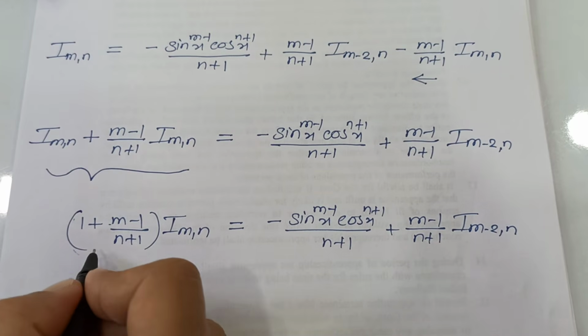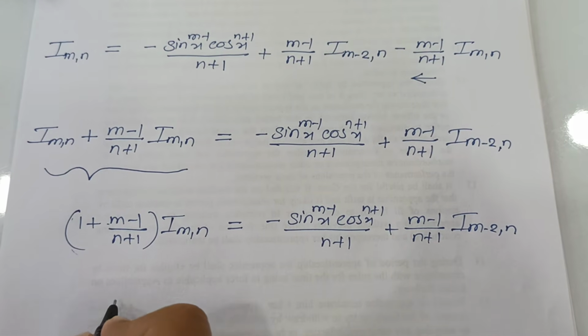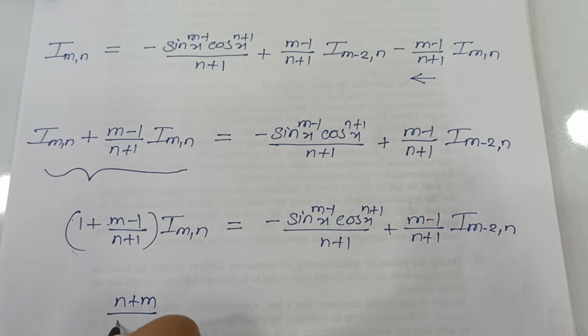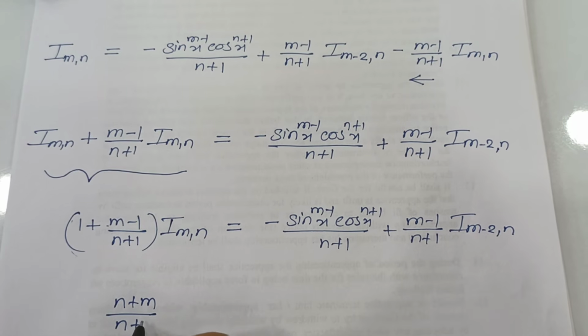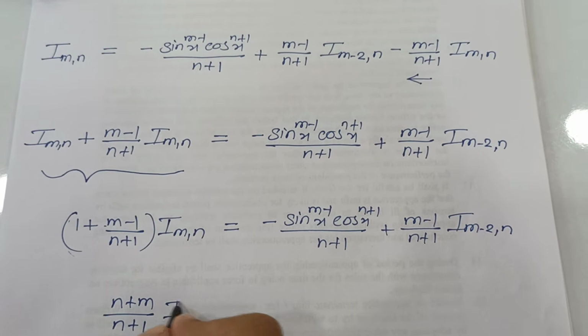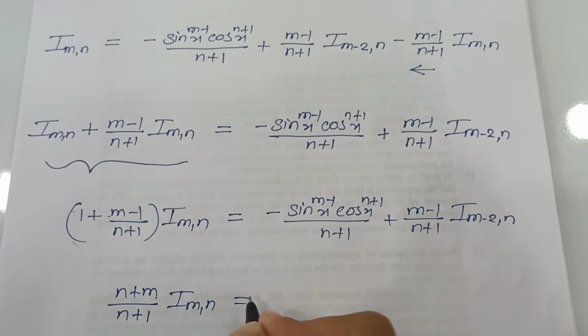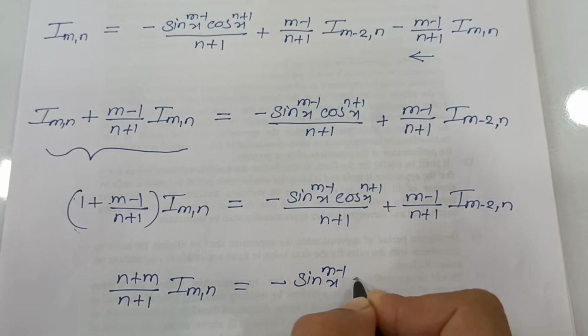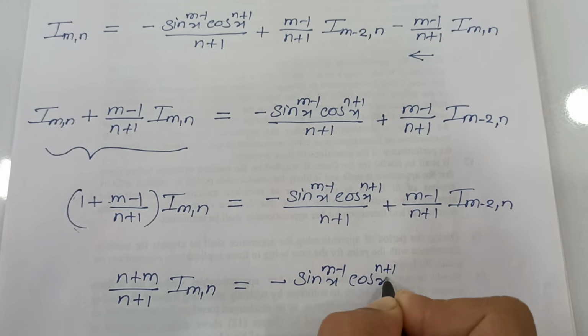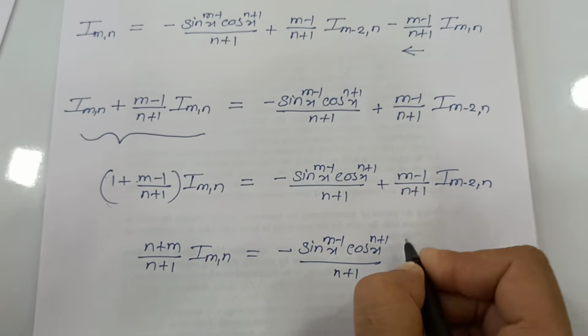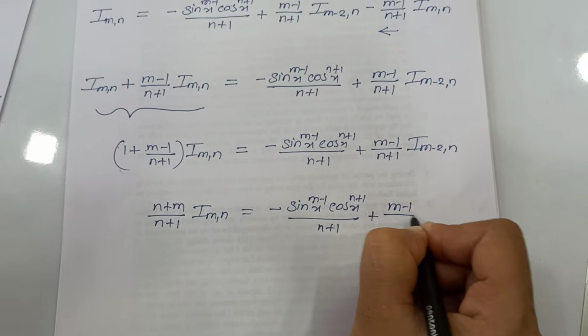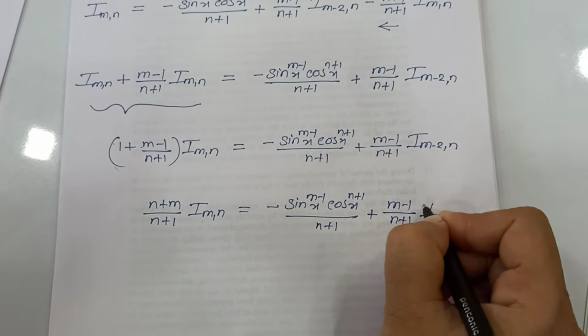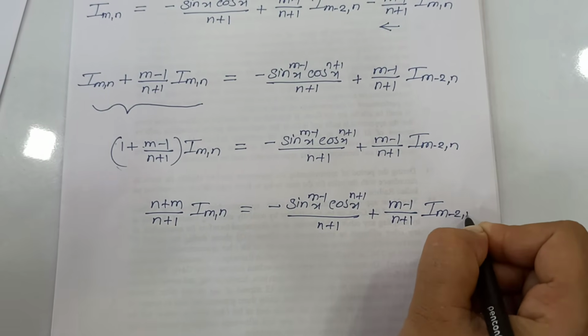So if I simplify this, it will give me n plus m upon n plus 1 I m comma n. The terms on the right hand side again as it is. M minus 1 upon n plus 1 I m minus 2 comma n.